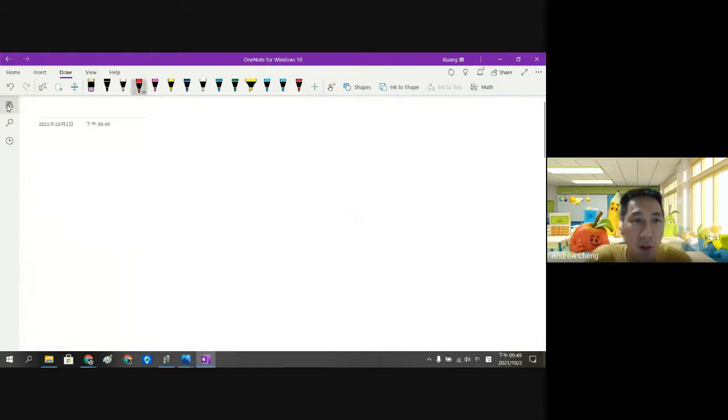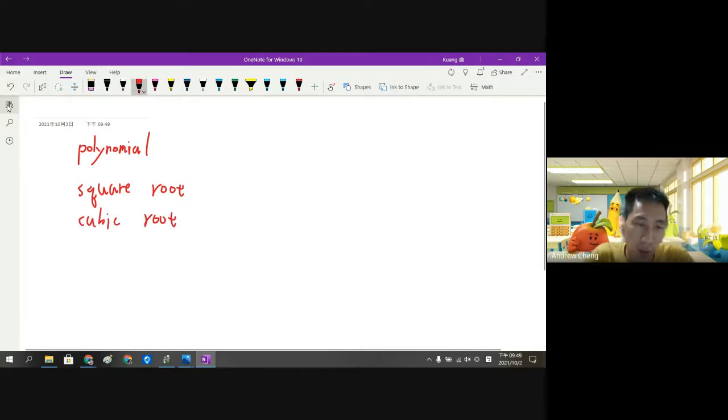Now we have polynomial, square root, cubic root, exponential, and then log.